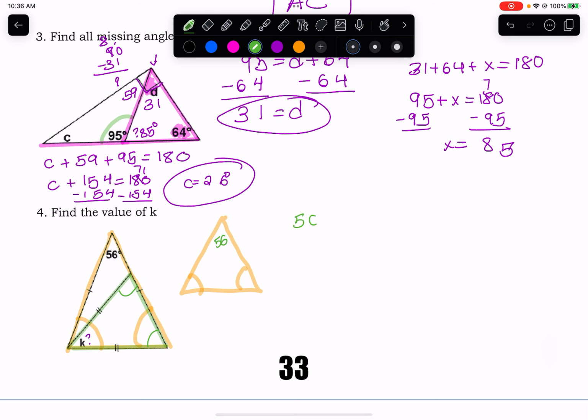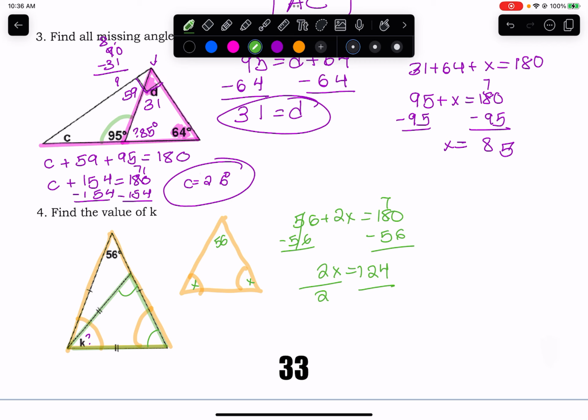So here I can actually solve for my base angles, because if each of these are x, I can add them all up to 180 and solve for the base angles. So both of the base angles here are 62. And now if you look at your original diagram, you can see that the orange and green overlap right down here.